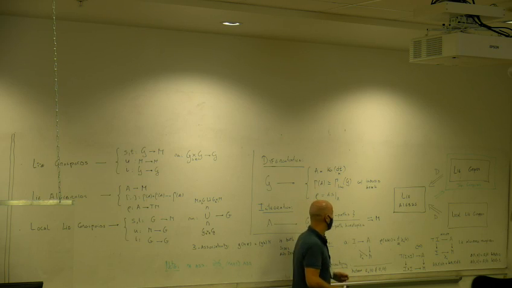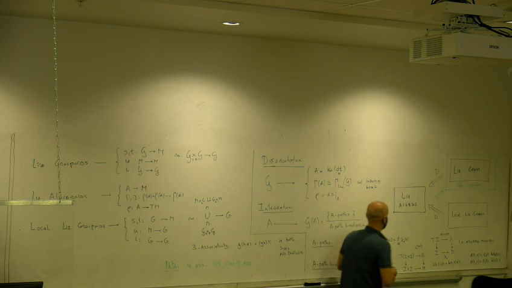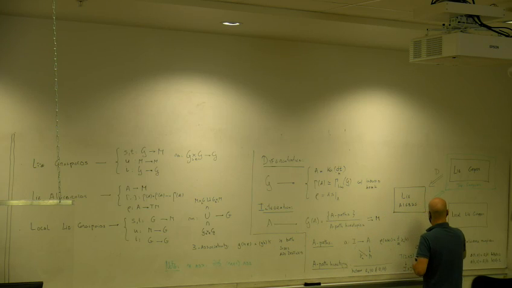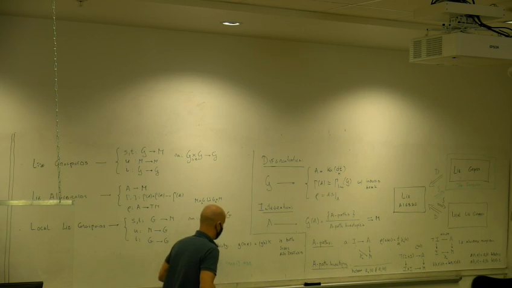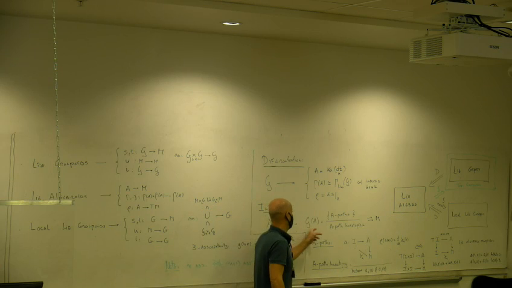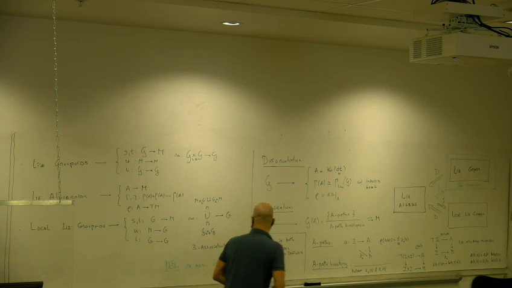So there is a version of this construction that gives you an arrow here. Let's call this integration. Sometimes this is called a Weinstein groupoid.